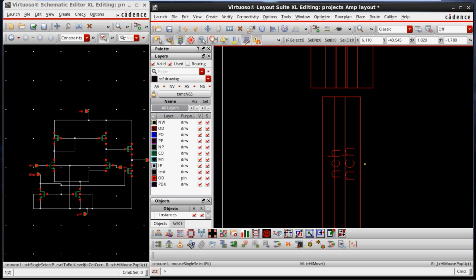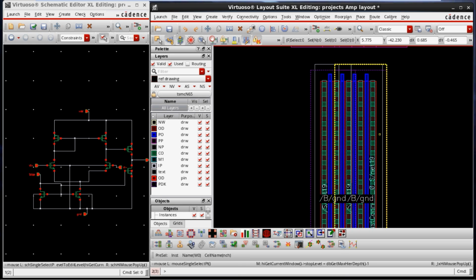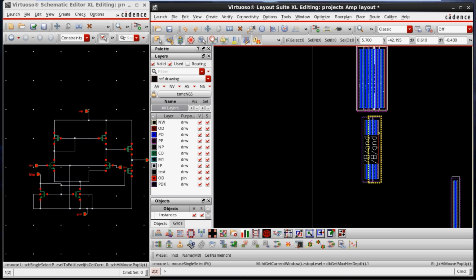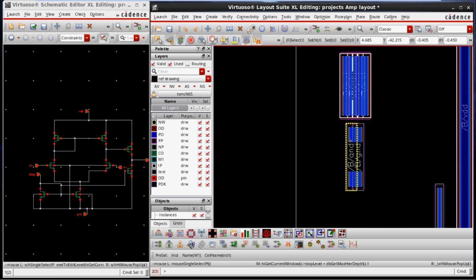Further, if you want to reduce this 4.8, what can we do? 4.8 divided by 2 is 2.4. So shift F. Maybe we'll do that later. So now almost we have done the current mirror matching as well as differential pair matching.